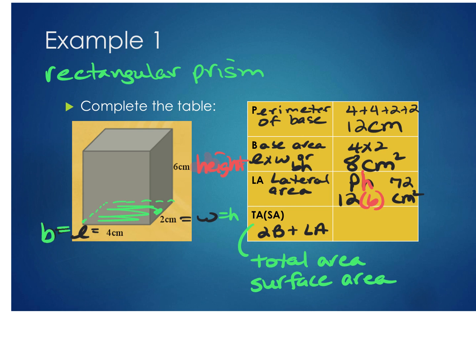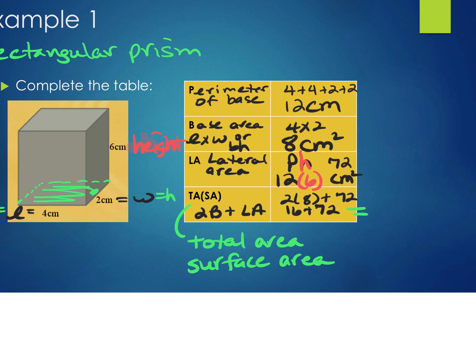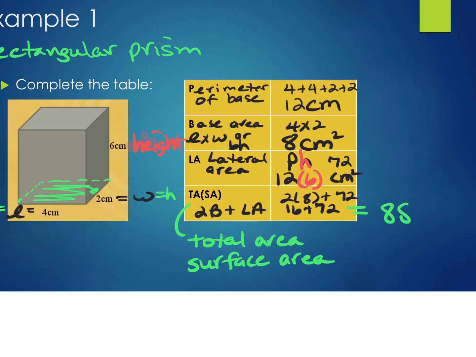My base area was 8, so 2 times 8, and my lateral area, I just calculated right above it, was 72. I'm going to get 16 plus 72, and my total area is going to be 88 centimeters squared.